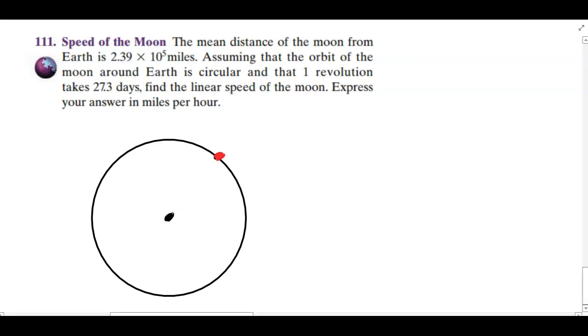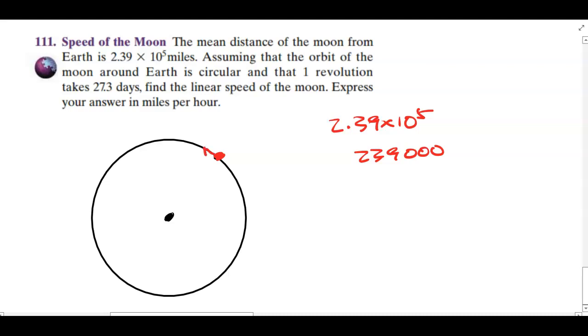Now the distance between the moon and the Earth is so large. This is 2.39 times 10 to the 5th, which is like 239,000. It's so large that you can disregard the radius of the Earth in this, because that's only about 5,000 miles, I think. So we're going to assume that the Earth is just a point.